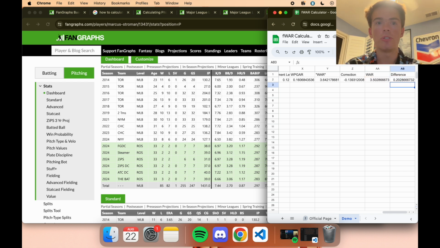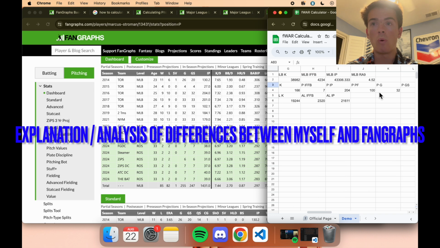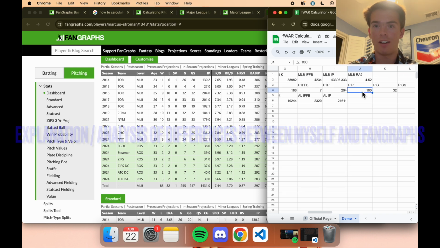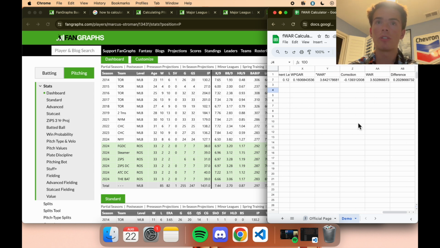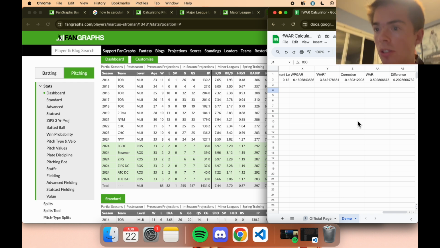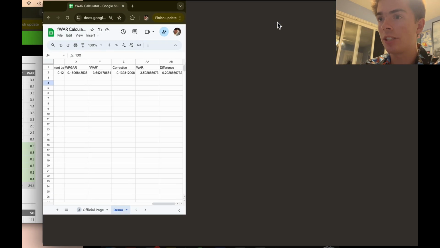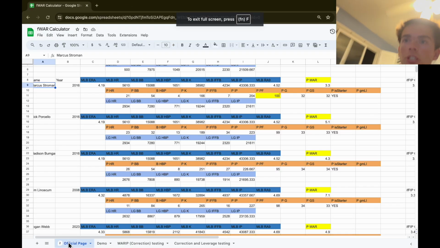We're off by 0.2, which, like I was saying, is disappointing. For one, we know that this park factor, the Fangraphs website messed up, so we can't do anything about that. And then for future examples where I calculate other pitchers, let me just move my camera so I can maximize this and then look at some other stuff.